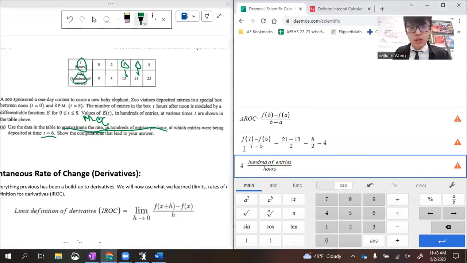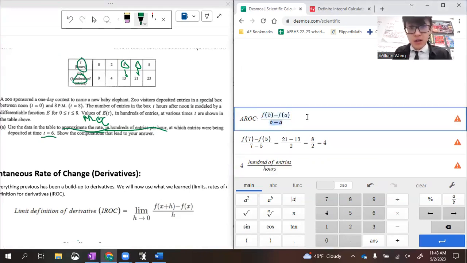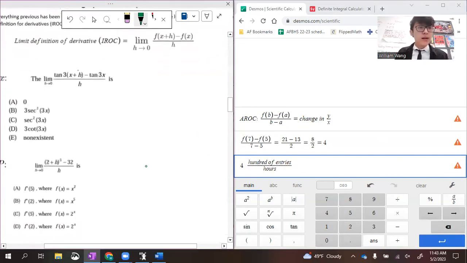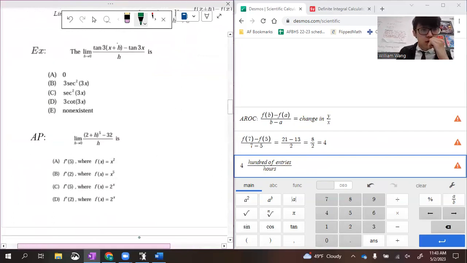You just put your units, it's change in y over change in x, right? So you just put your units for y and your units for x. My units for y is hundreds of entries. My units for x is hours. That's my answer, 400 entries per hour. I want you to write out the units here. All right, let's move on to our next question.